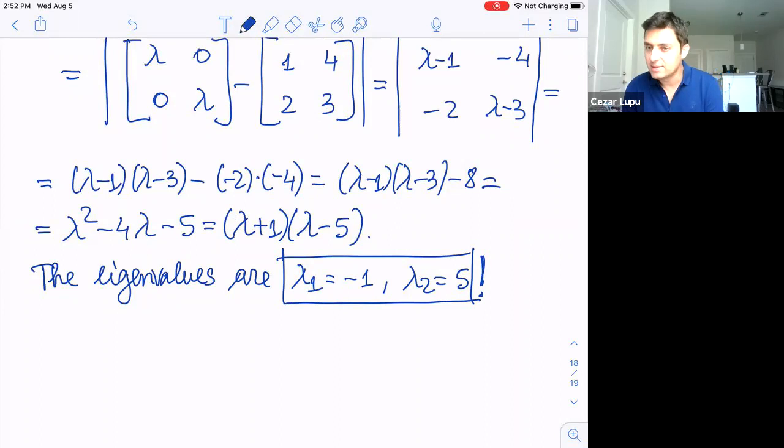And now I'm going to ask you, is the matrix A diagonalizable? Before we even start writing the eigenvectors, because we need them. That's my first question to you. Is my matrix A diagonalizable or not? What do you think?